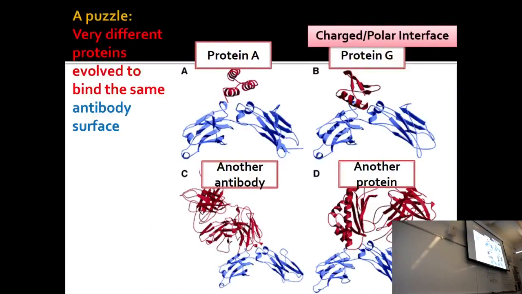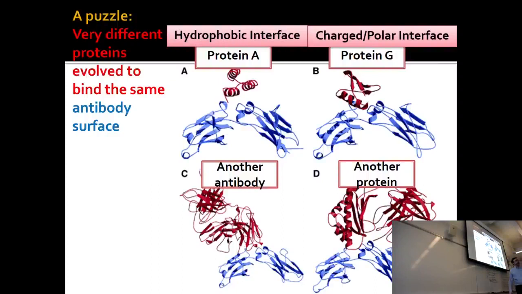Okay, maybe they're all like that, but no, they aren't. If you look at protein A, it's a hydrophobic interface, hardly a charged or even polar residue to be found. So somehow protein A and protein G are not just latching on to the same chemical reactions. There's something more complex than that. And that's one of the reasons why we were asking, is there anything that's biochemical in nature?